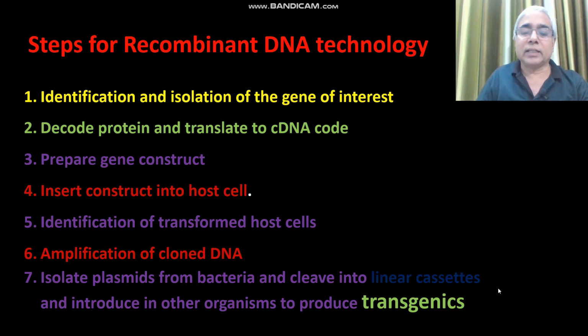Now those linear cassettes can again be used for introduction in other organisms to produce transgenics, means new organisms with new characters. We will take all these steps one after another.